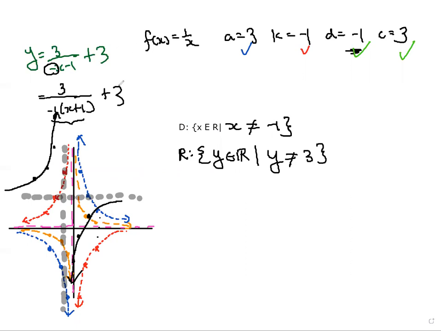And if you want to hunt it, it makes sense. Take a look at my original function. If x was a -1, what does that make this binomial? 0, and we can't have that. Also, because a numerator is a 3, right? This fraction will never be a 0, which means 3 plus something will always be there.